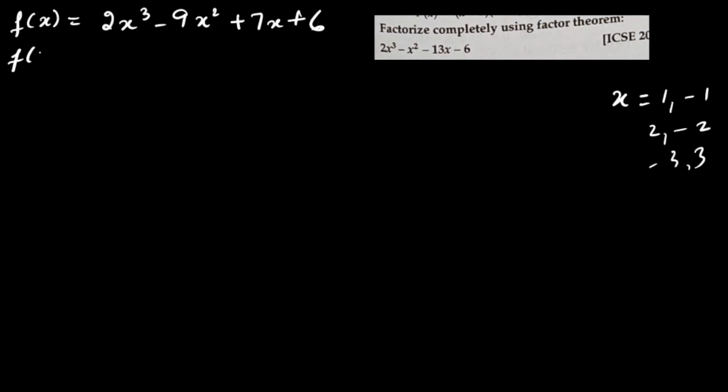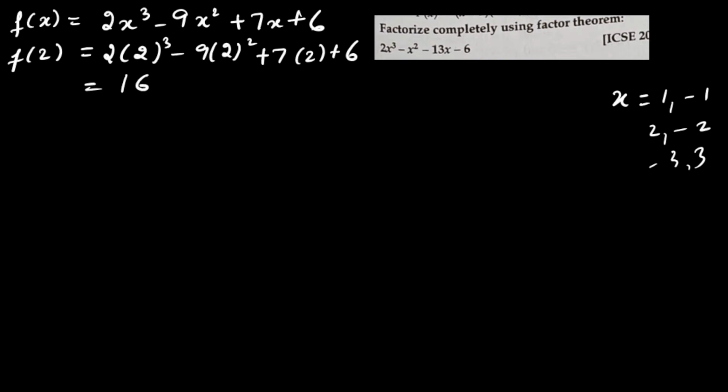So f of 2 I am doing. This thing you just have to show. So 2 into 2 cubed minus 9 into 2 square plus 7 into 2 plus 6. So here I'll get 8 into 2, 16, minus 4 into 9, 36, plus 14 plus 6.